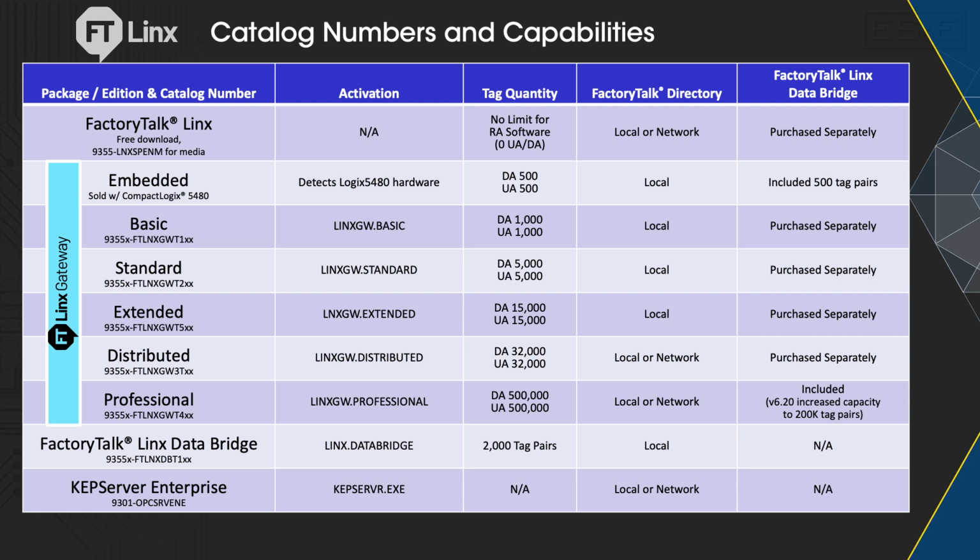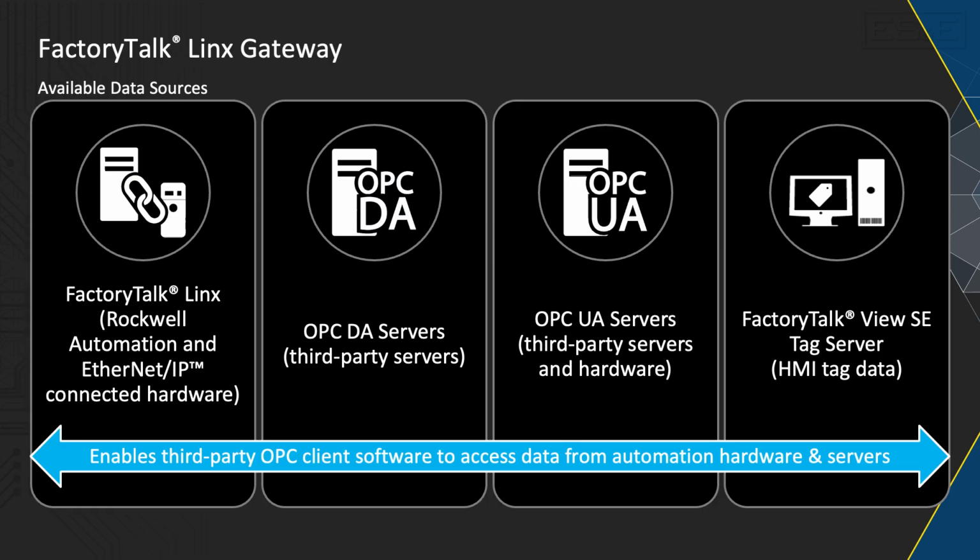The only thing that's missing from it is the Rockwell drivers that I'm aware of. This is kind of just rehashing what we said earlier. FactoryTalk Link, OPC, DA, UA, and HMI tags. Now, that is one thing I need to say real quick, is that FactoryTalk Link Gateway allows you to be able to get to HMI tags too, HMI data. So it's not just information coming out of the controller.